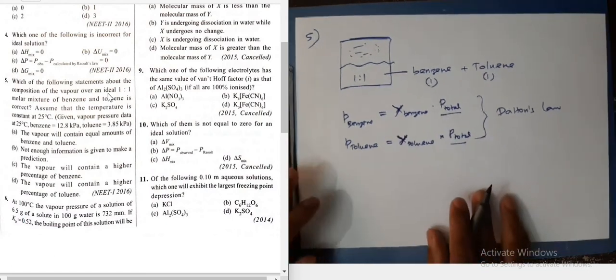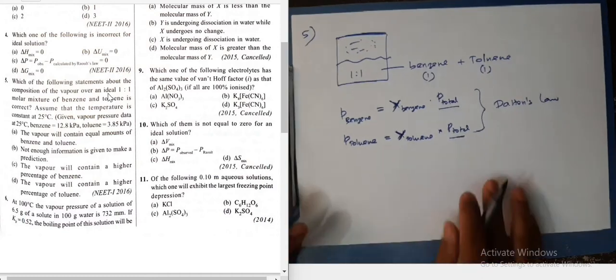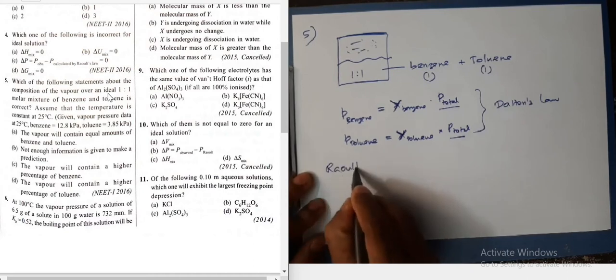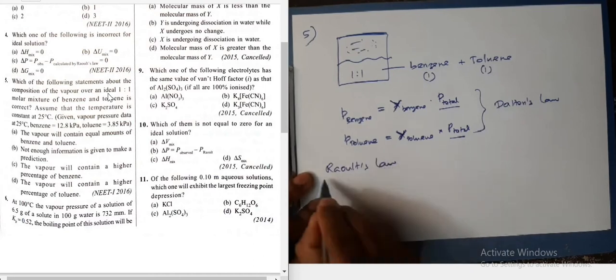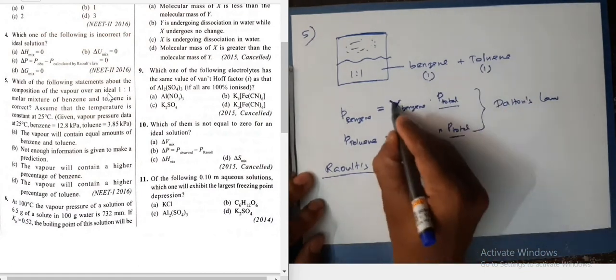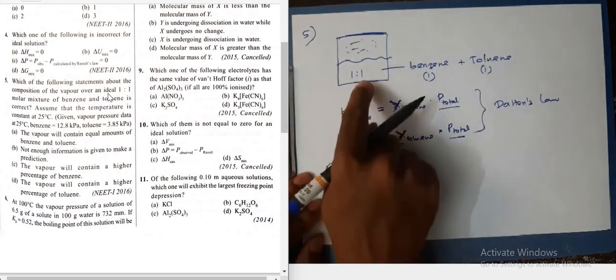But we have to relate with the liquid state. So let me write for Raoult's law. Students, observe carefully. The previous two equations are for Dalton's law. In Dalton's law, these mole fractions are in the vapor phase, but we have to compare mole fractions in the liquid phase. For this you must use Raoult's law.